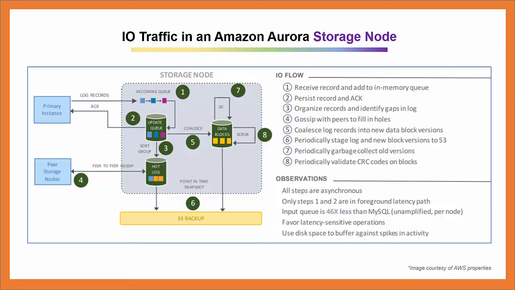Once the storage node has its log files, it's going to start organizing those log files and the records in those log files because things can show up out of sequence or not show up at all sometimes. It'll find out, do I have everything? Am I missing any writes? Is anything out of sequence? This step is shown by the green encircled number 3.